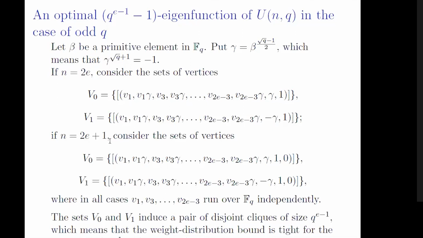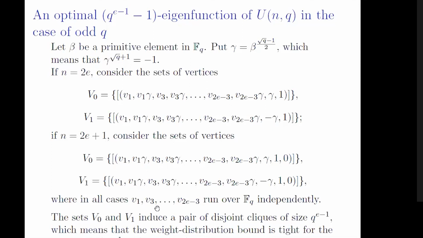In the same manner, we deal with the case when n equals 2e plus 1, and consider the following sets of vertices, which are just extensions of the previous sets by the last coordinate, which is equal to 0.